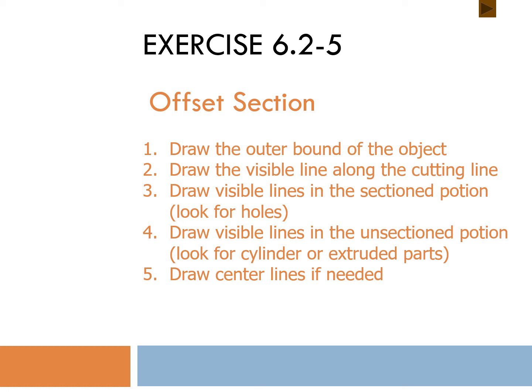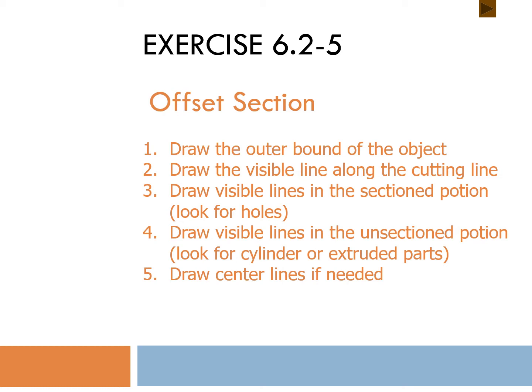After you finish that part, you look for anything that doesn't lie along the cutting line but that you can still see in the section, which means the line doesn't cut through it, but you can see it. That's another thing you should look for.